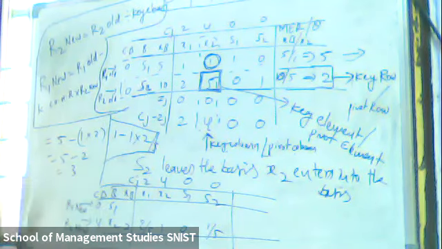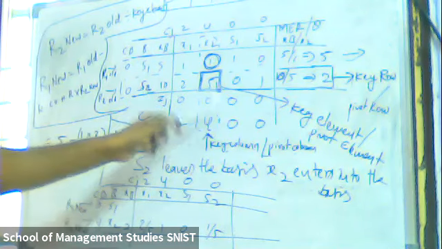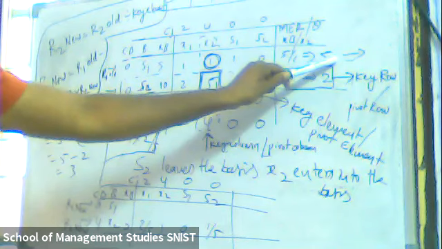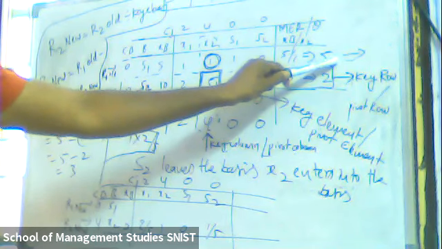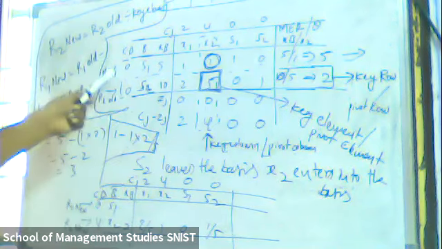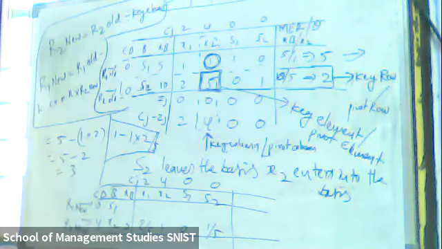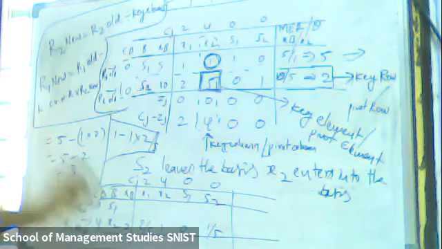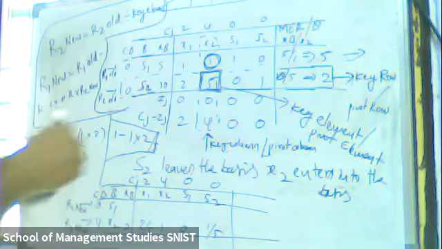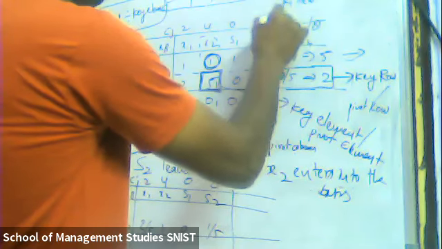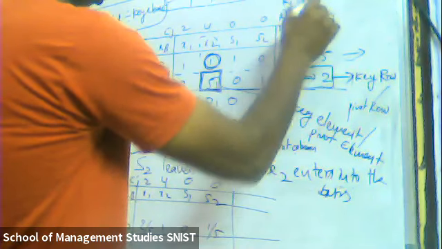Now listen carefully. Suppose instead of the key row we got S1. We got S1 as the key row. That means R1 old is the key row. In the new table we have R1 new and R2 new, right? Is it clear?